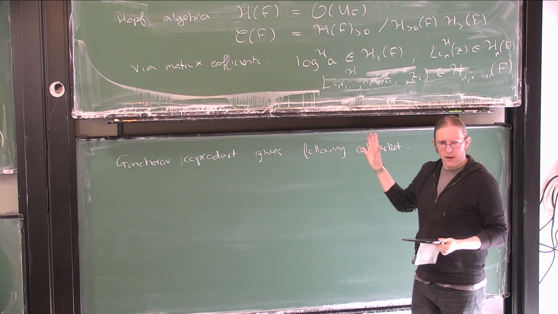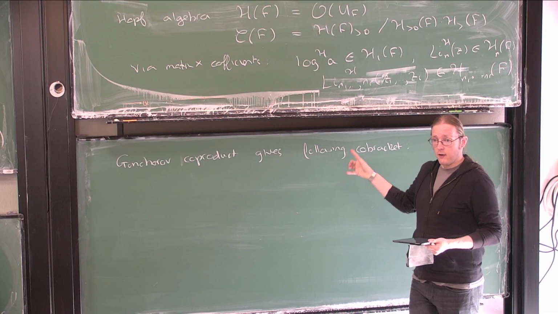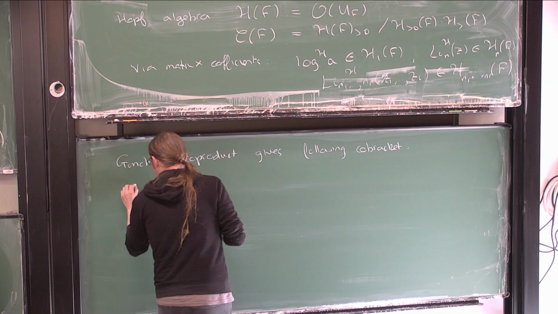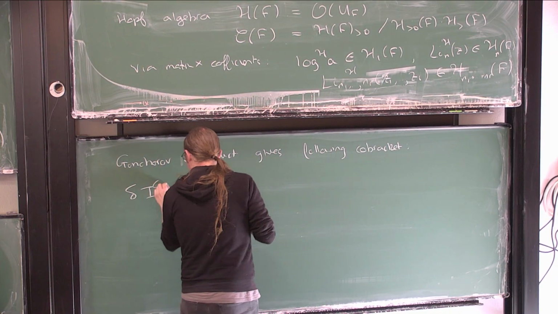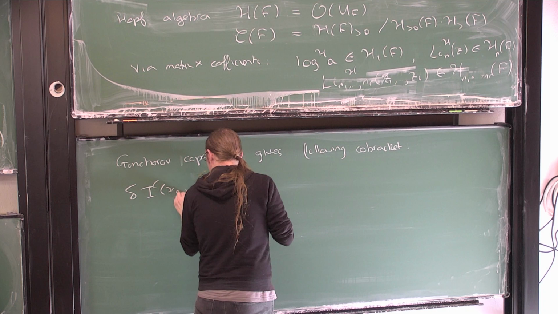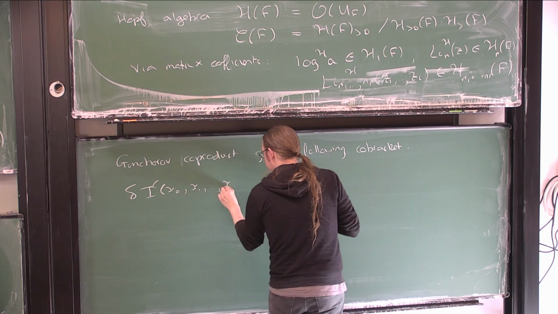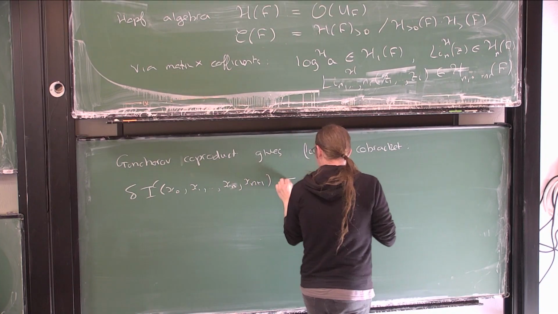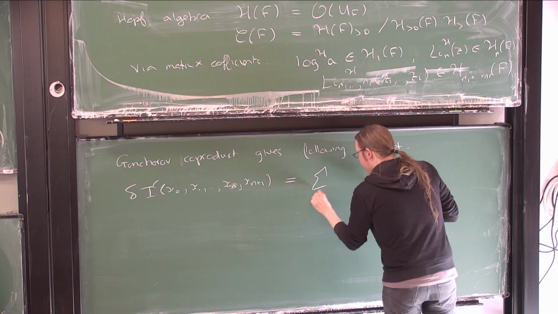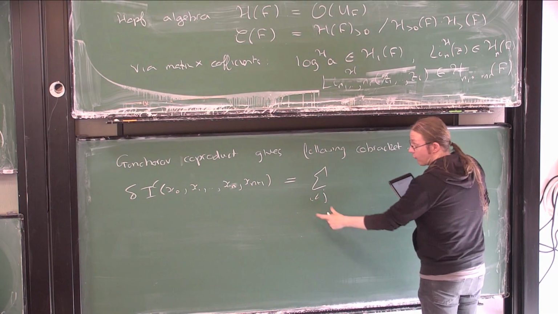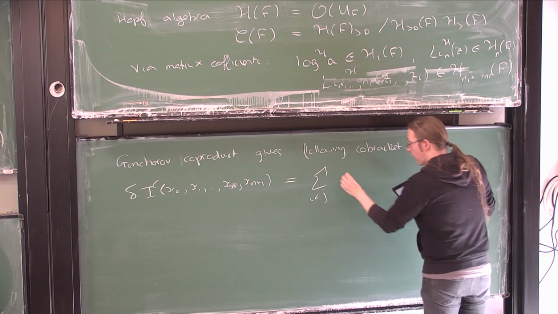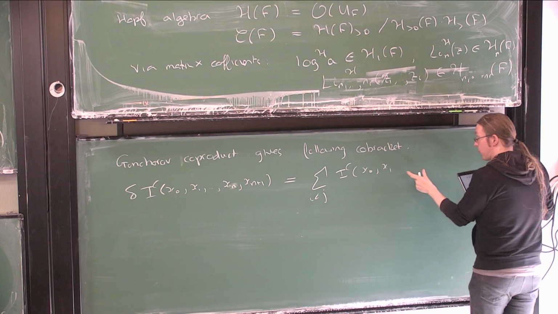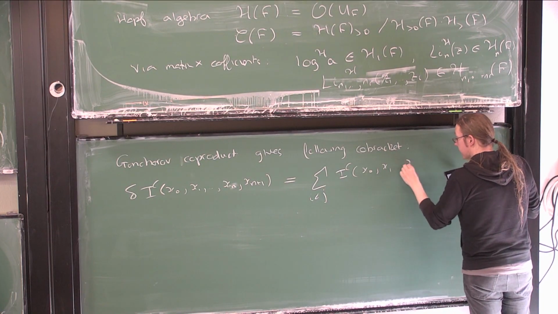In Daniel's course, he wrote down the coproduct, and so projecting this to the Lie coalgebra, you get a formula for the cobracket, and that's what I want to use. The cobracket of an integral like this is just the sum over i less than j of taking the indices between i and j and removing them.